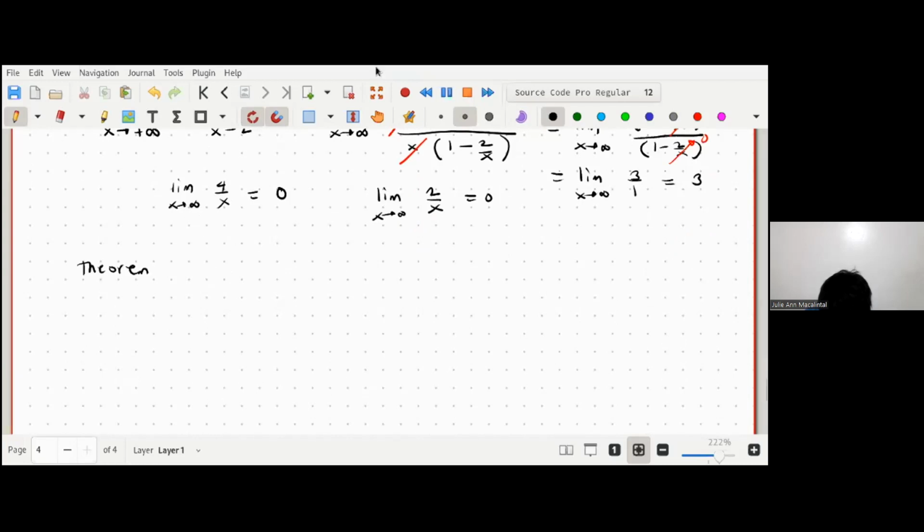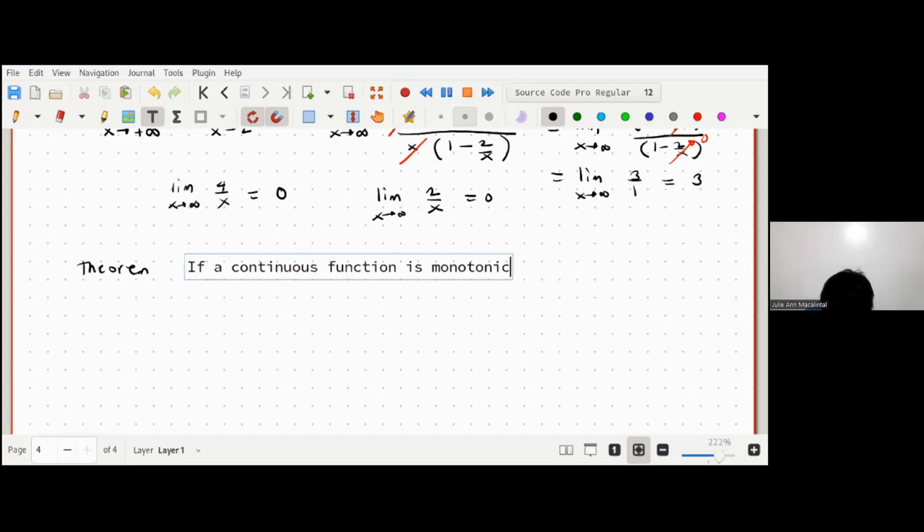ganito. If a continuous function, so continuous meaning yung graph no breaks, walang putol yung graph, is monotonic, so ang monotonic, ang ibig sabihin yan, purely increasing or purely decreasing, then, so monotonic on an interval.